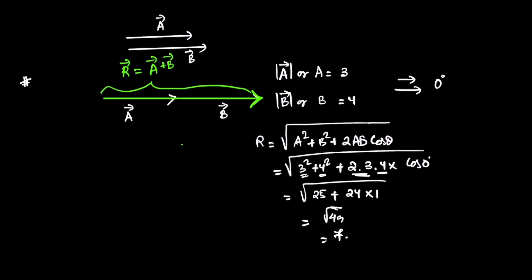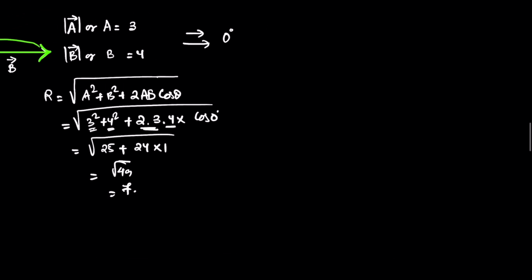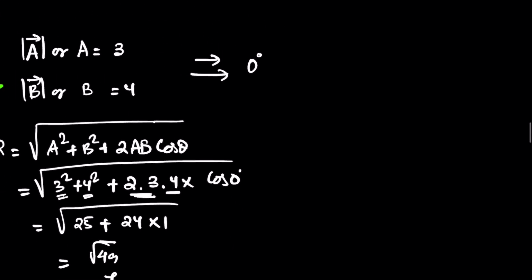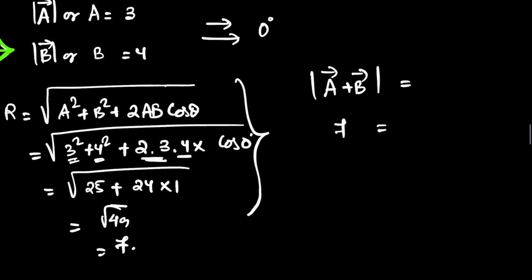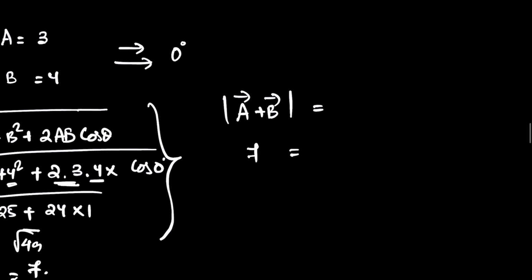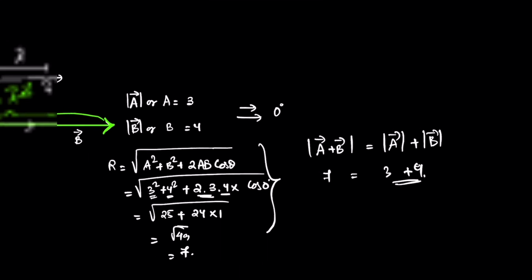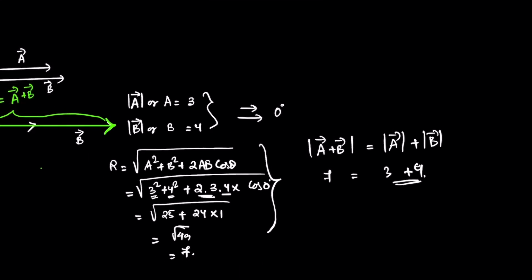Now in this example, A vector plus B vector, the value is 7. The value of A is 3 and the value of B is 4, so 3 plus 4 is 7.